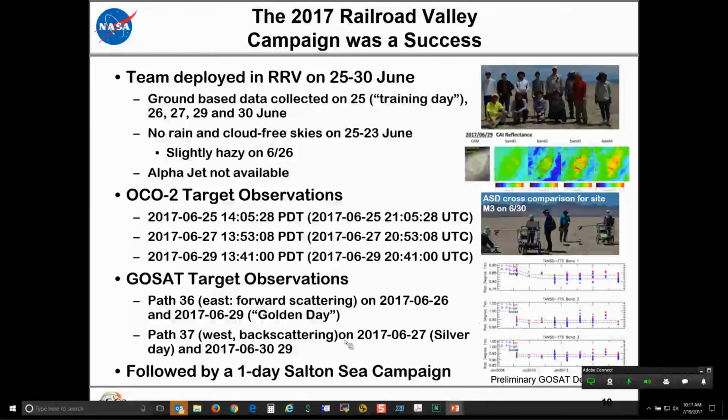There was a short one-day Salton Sea campaign at the end of this campaign on July 1st. We gathered good data there as well. All of these measurements are, at this point, being analyzed. We learned yesterday that the Chinese TANSAT, which was launched on December 22nd, also participated in this campaign.